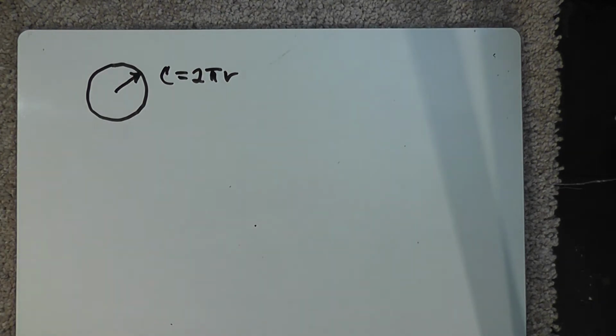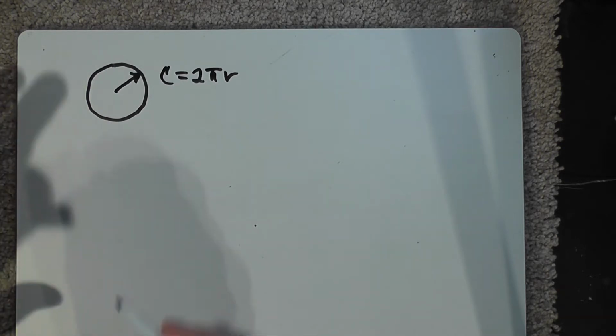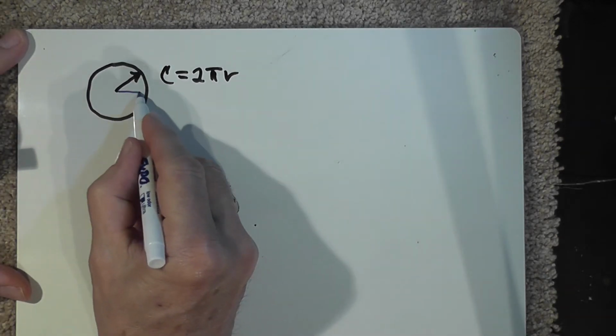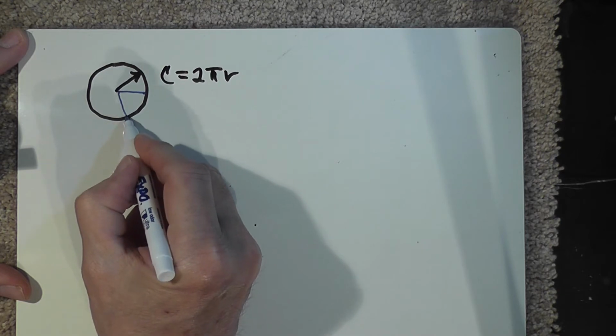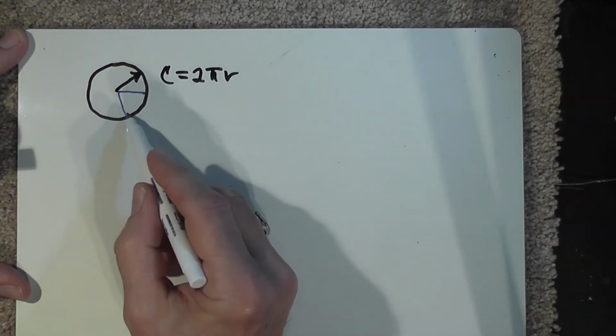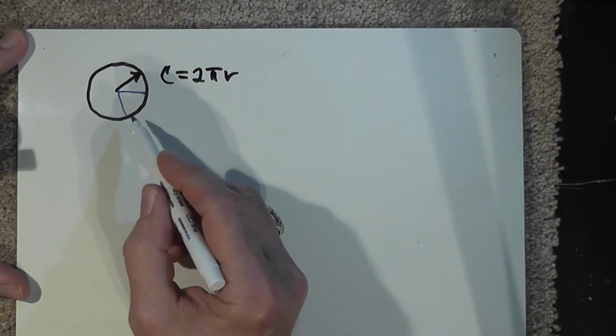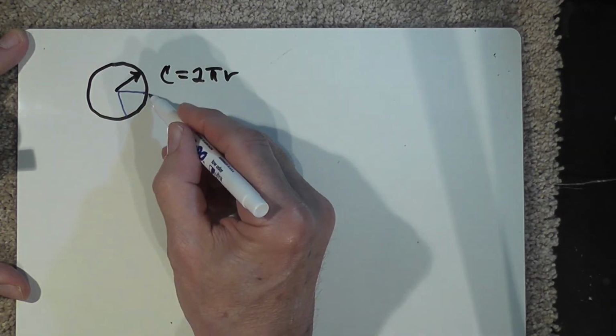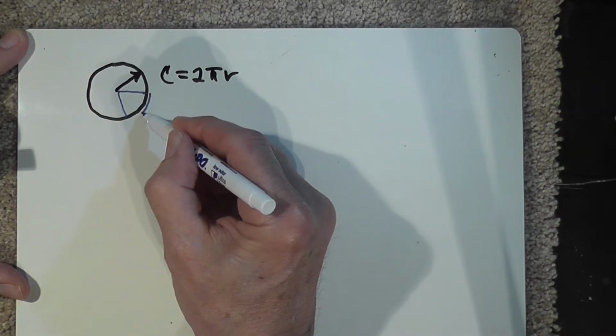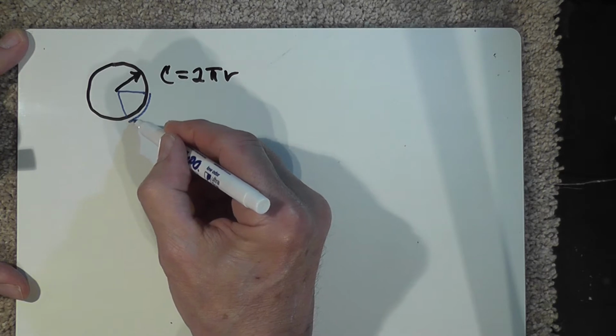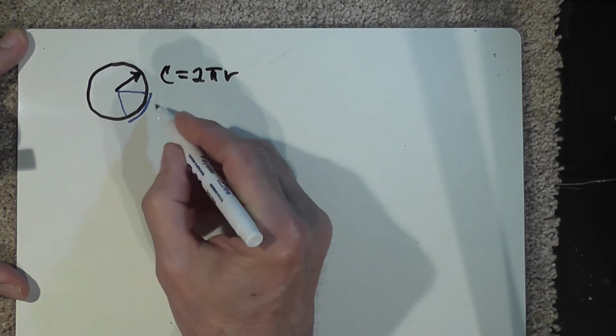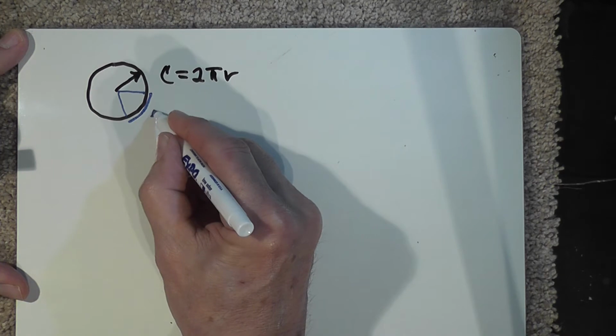Now, what happens if we wanted to take a little slice of a pie, okay, and each one of these blue lines is equal to r, and the distance radially along this curve, we're going to call this delta S.